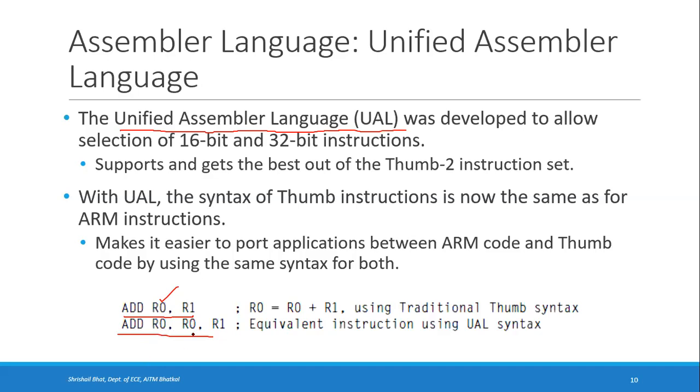That means R0 and R1 are added and the sum is stored in R0. Suppose here you use R1, you can also do that. If you write ADD R1, R0, R1, then R0 and R1 are added and the sum is stored in R1. So whatever you write here, you have an option to change the destination in case of UAL. Okay, these are the differences between traditional Thumb and UAL syntaxes.